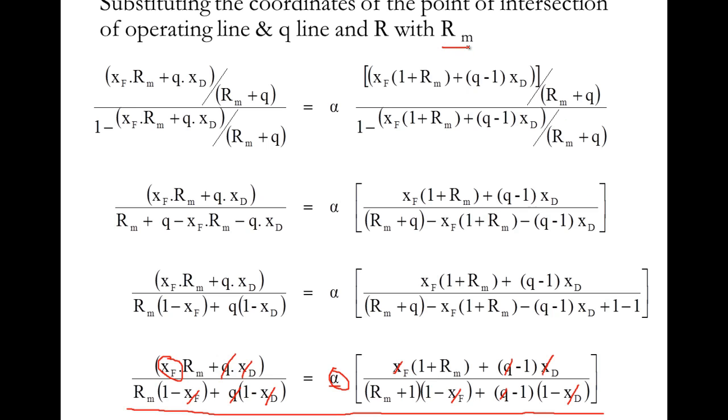As was said at the beginning, Underwood developed this technique to find the minimum reflux ratio using an analytical method. So finally we have obtained an equation in terms of the minimum reflux ratio, and as we know the other terms, by substituting the values that we know here, we can easily obtain the minimum reflux ratio for that system.